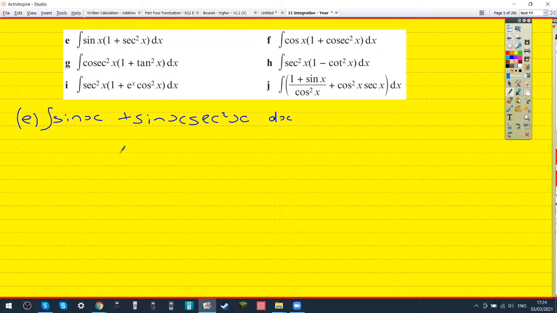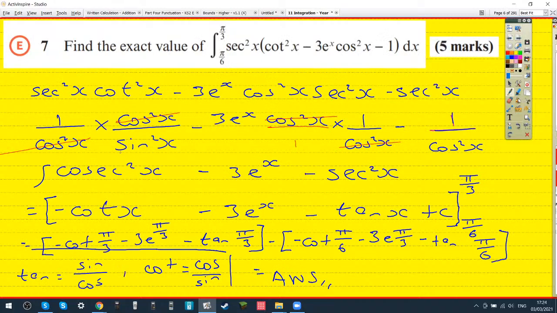Okay, so how did we deal with it in this one? So we had to integrate sec squared x cot squared x. How did we do it?